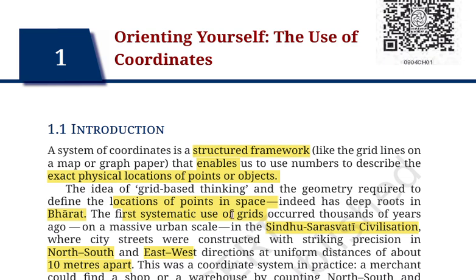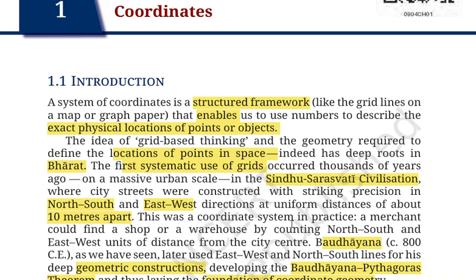The systematic use of grids occurred in the Sindhu Saraswati civilization, where the city was constructed with striking precision from north to south and east to west direction at uniform distance, approximately 10 meters apart. So this was a coordinate system in practice at that time.